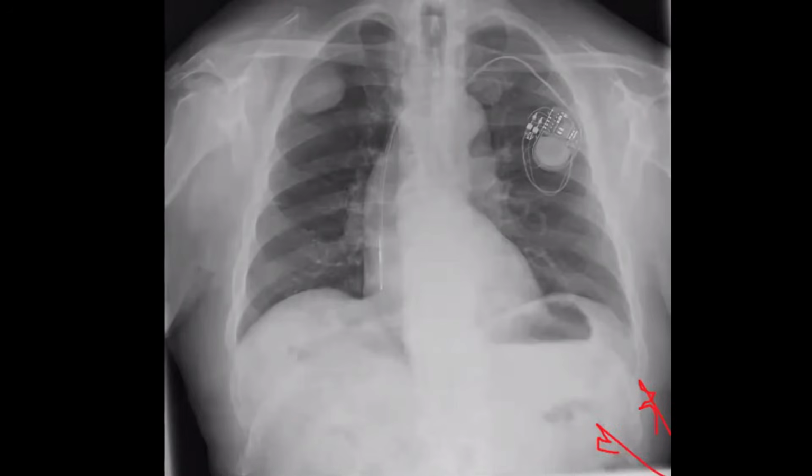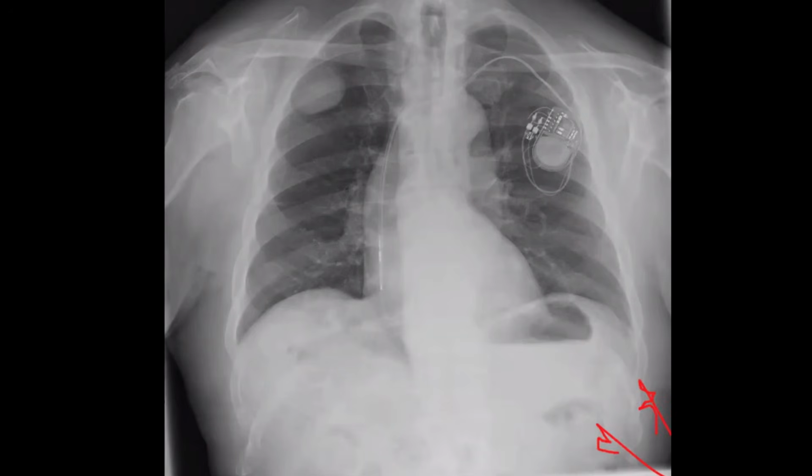What do you have here? Can you give me any idea? From the PA chest view, chest X-ray, the patient has a pacemaker. It's a double lead. There is an opacity seen at the right upper lung zone. The left hemidiaphragm is elevated. Cardiothoracic ratio is within normal limit.